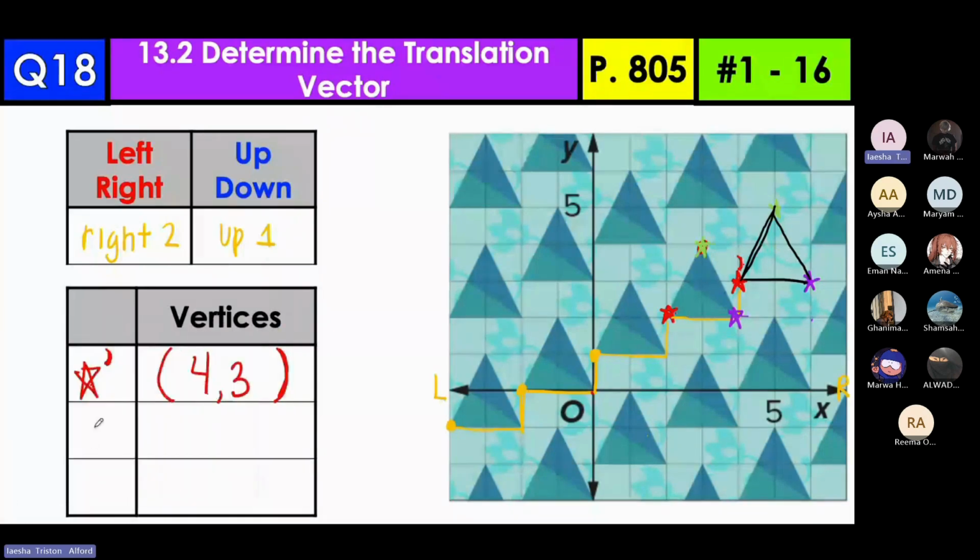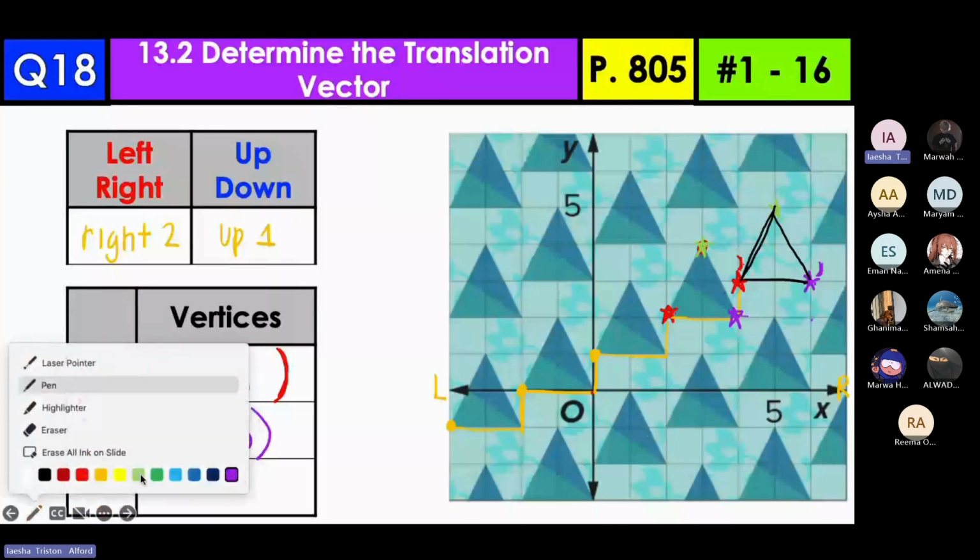What if I want the new star? This one here. Where is it from 0? +6 and +3. So to get to this star with the prime, you're going to go right 6 and up 3.